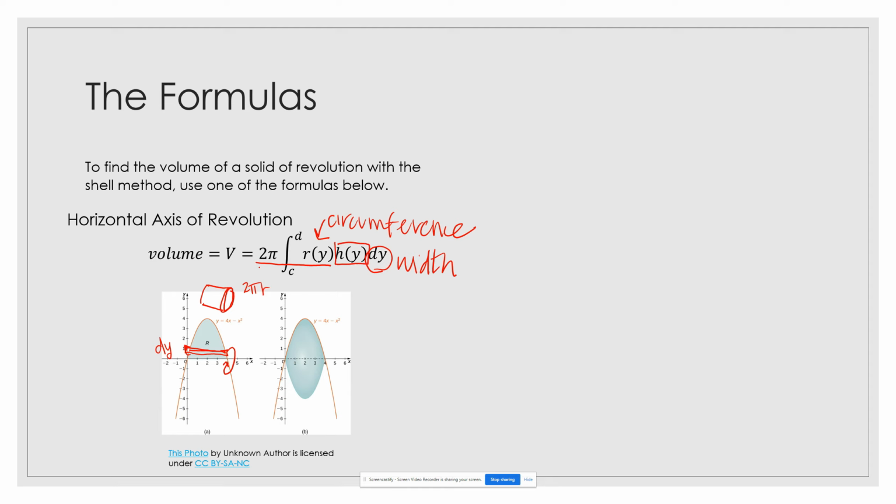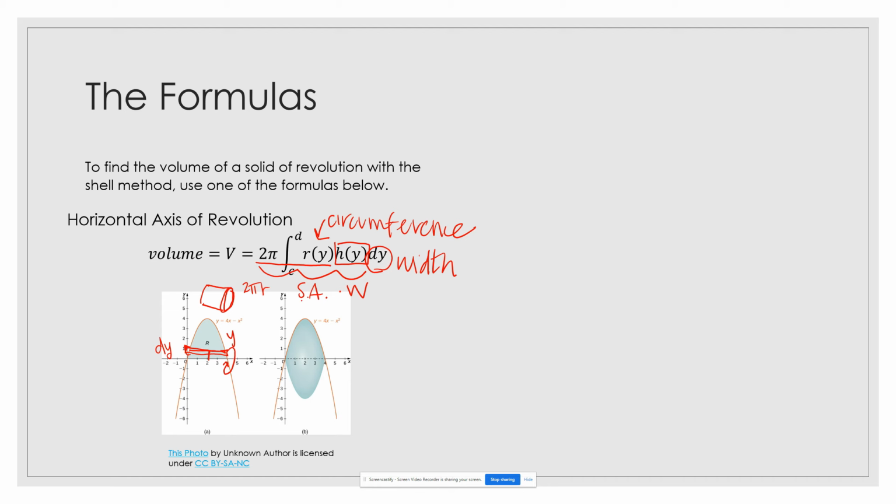When you put all of this together, that's going to be the surface area. And we found on the previous slide that surface area times the width is going to give us the entire volume of that shell. The height of this is going to be the distance from the axis of revolution to that outside edge, and the distance from the axis of revolution to that outside edge is just y here.